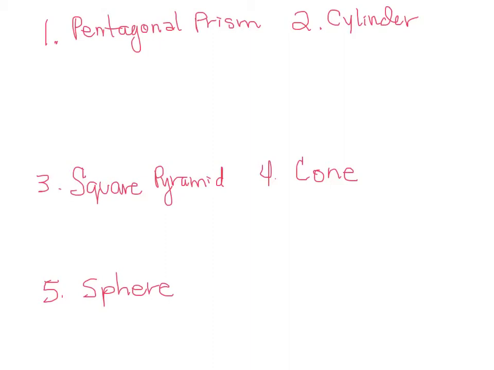For number 1, pentagonal prism, you're going to have a long rectangle, 5 rectangles. And somewhere over here, it's hard to draw a pentagon, you should have this here. And then you can have it over here.